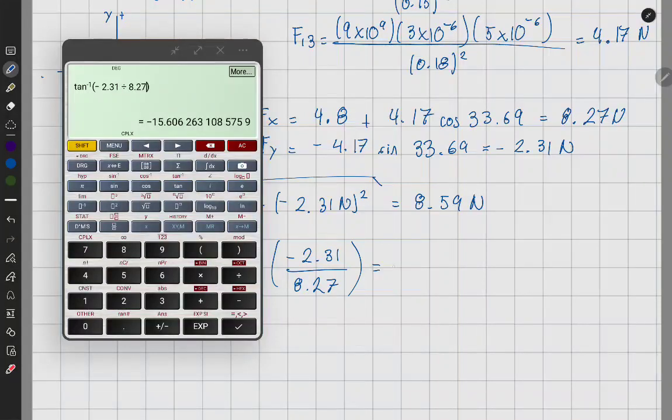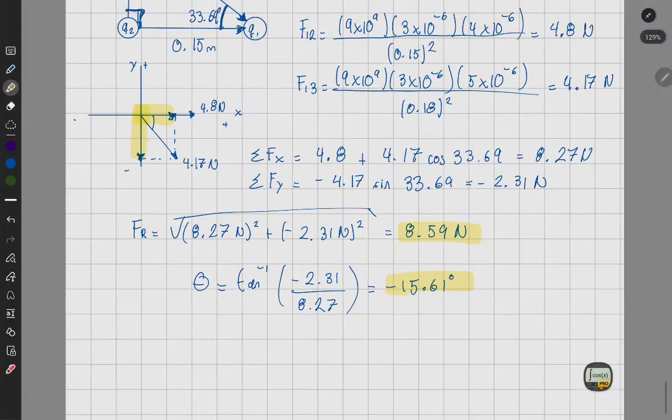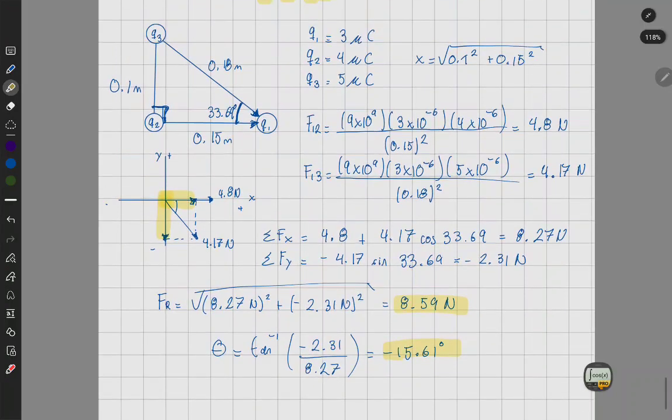So this is the angle in here, minus 15.61 degrees. And that's all, guys. You only need this one in here and this another one in here. So I think it's very easy, and that's all, guys.